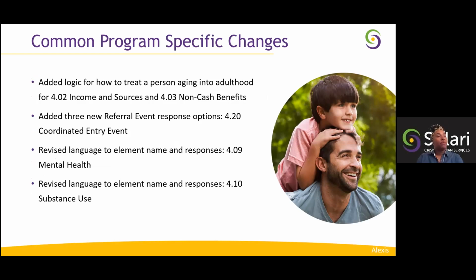We've added 3 referral event response options to 4.20 in the coordinated entry event, some revised language to element name and responses regarding mental health in 4.09. And we also have some revised language to element name and responses in 4.10 with regards to substance abuse.